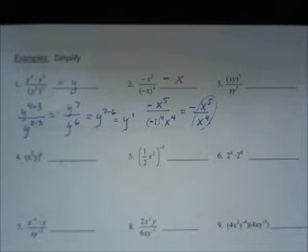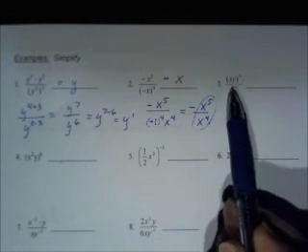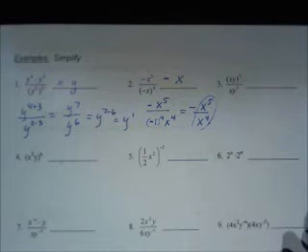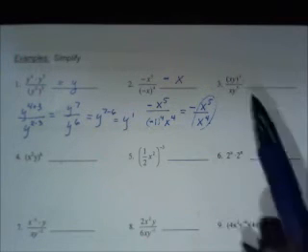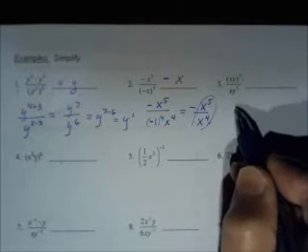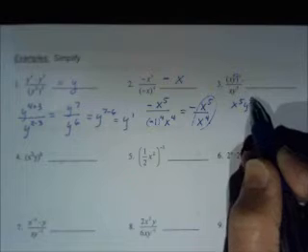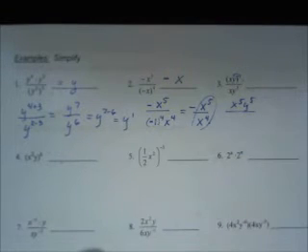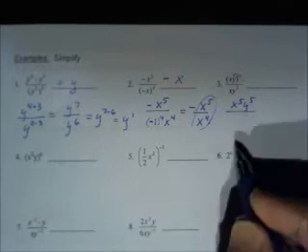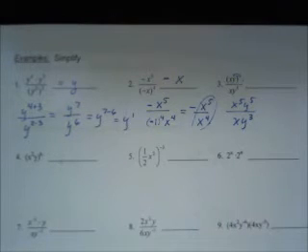Next, number 3. Look at the numerator here. I've got this product raised to a power, so we're going to distribute that exponent. So this is going to become x to the 5th, y to the 5th, divided by, and I just have a product in the denominator.